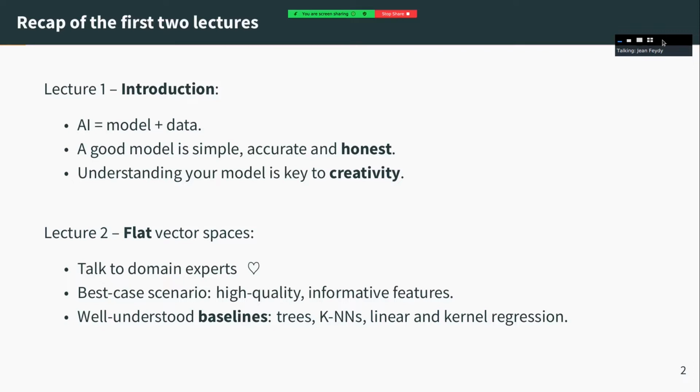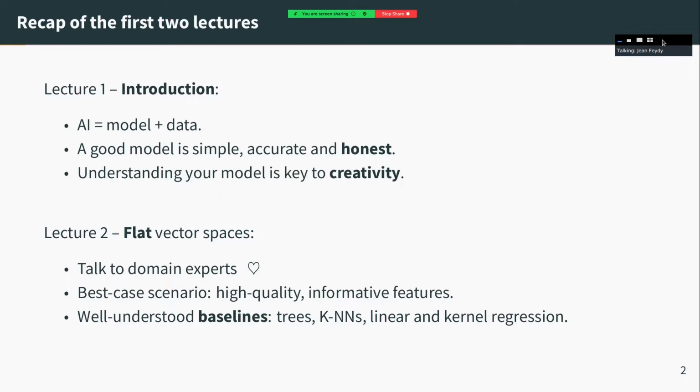So we talked about trees, about k-nearest neighbors, about linear regression. We talked a little bit about vanilla neural networks. We saw that in practice, they are very unwieldy, due to non-convex optimization issues. So maybe, at least for simple problems, it's not the ideal solution.